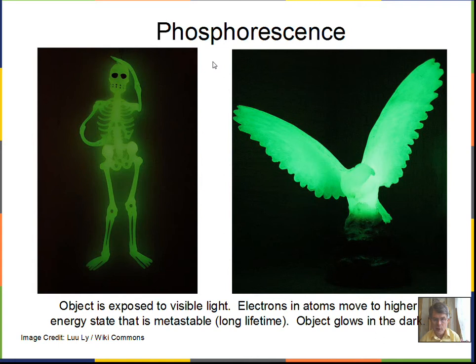The fluorescence is energizing the atom with ultraviolet light and having multiple steps of the electron dropping down towards the nucleus. Phosphorescence is energizing just with visible light, and the atom keeps its energy for a long period of time and will glow in the dark when we take it into the dark.